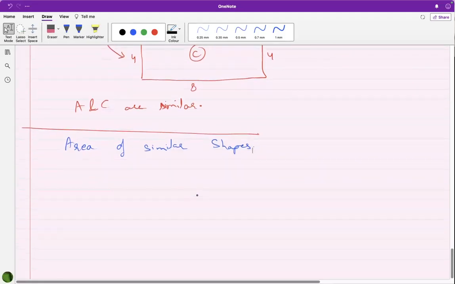Area of similar shapes. I'll start off with rectangles and squares.